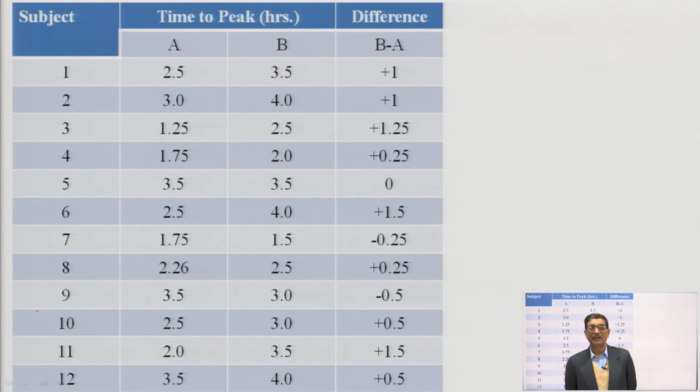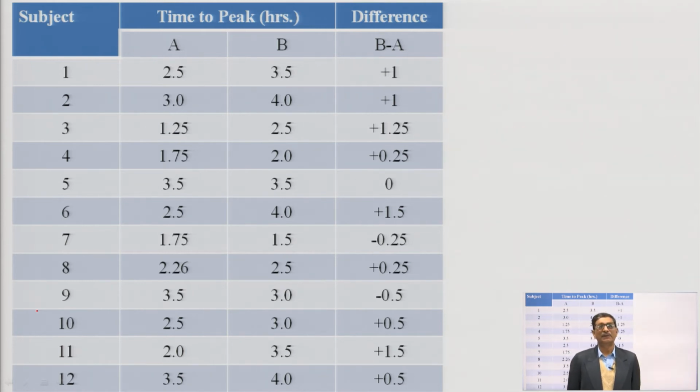Similarly, we subtract 1.75 from 2 for sample 4 and it will be equal to plus 0.25, and for sample 5, when we subtract 3.5 from 3.5 we get the difference 0. Then 4 minus 2.5 equals plus 1.5, then 1.5 minus 1.75 for subject 7 equals minus 0.25, and so on. We find all the differences for the last samples.